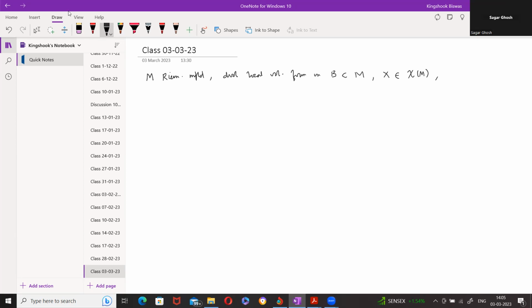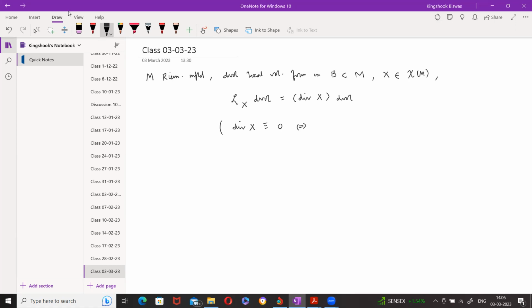then the divergence of X is defined by the equality: the Lie derivative L_X of dvol is equal to the function divergence of X times dvol, right? So this means in particular that the divergence of X is identically 0 if and only if the Lie derivative is 0.